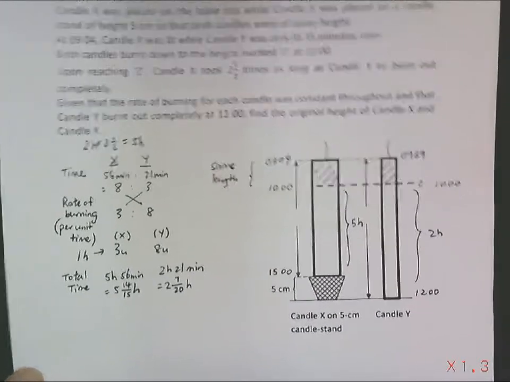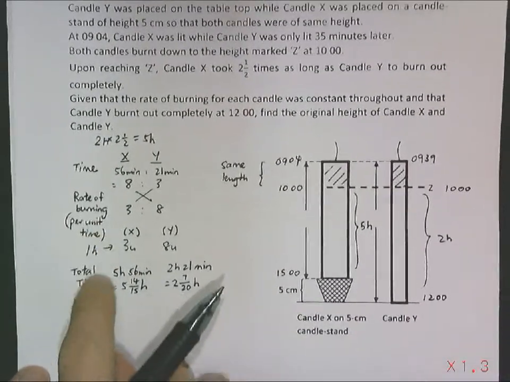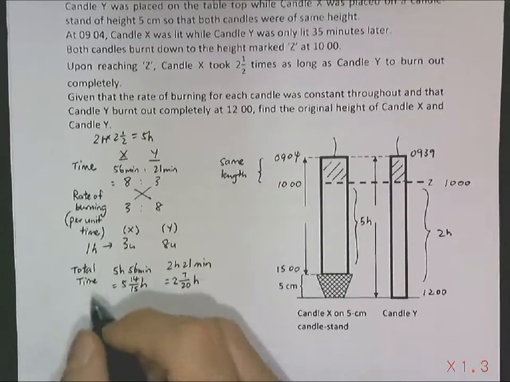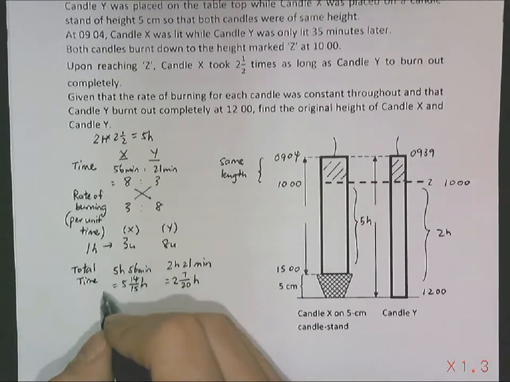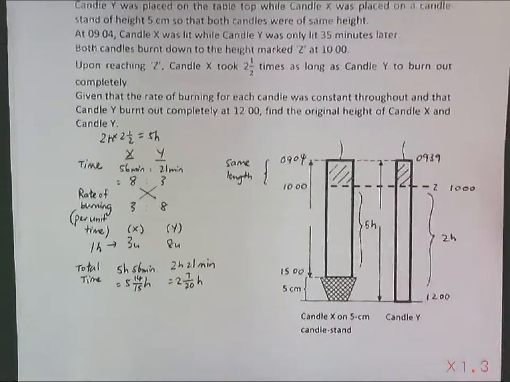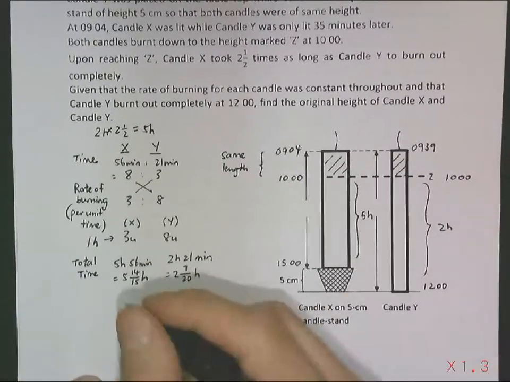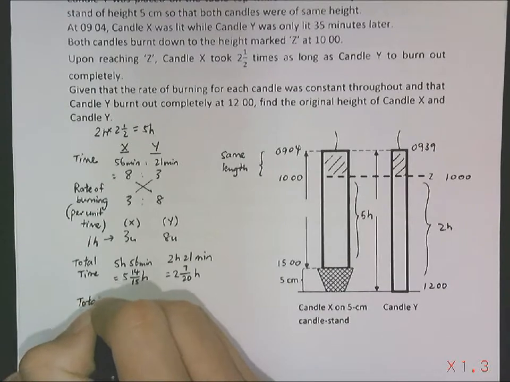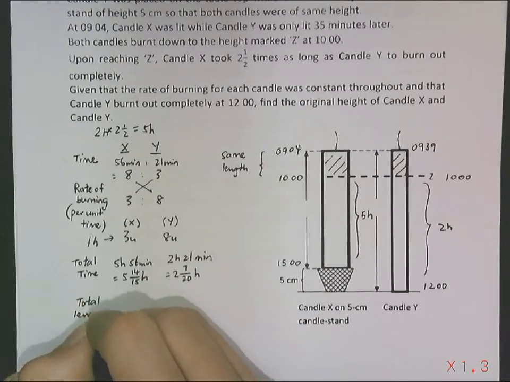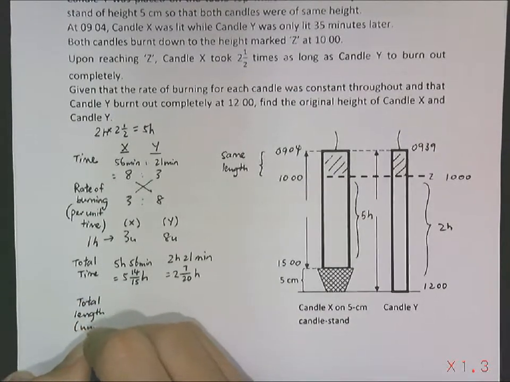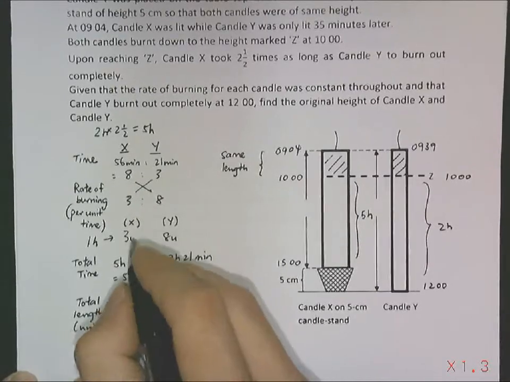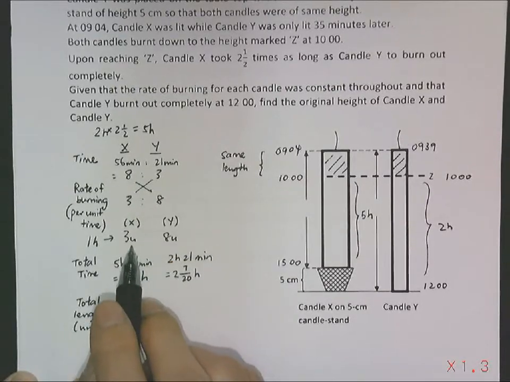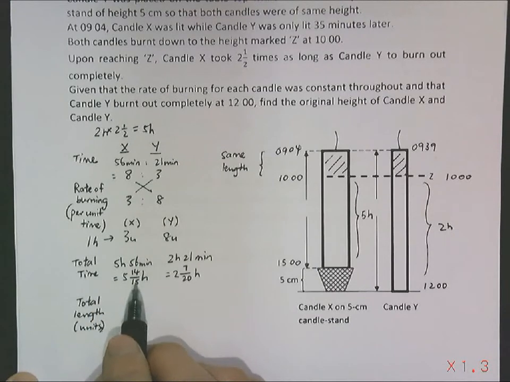So we're going to take the rate and multiply by the time. It's just like speed multiplied by time to give you the total distance. So the total length, in units form: take the per hour rate of burning, 3 units, multiply by the time taken.